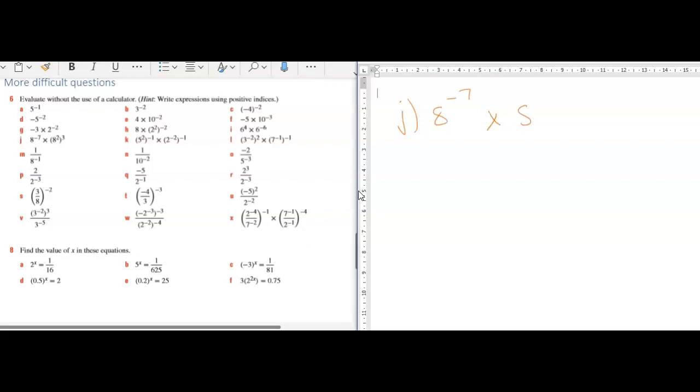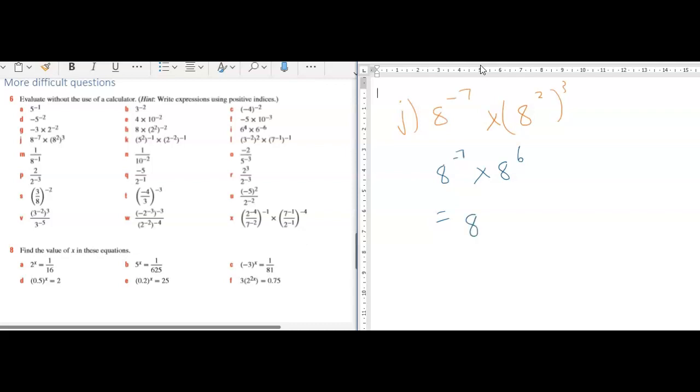So times 2. So we're going to use multiple index laws here. So 8 to the negative 7, whoops, it's a 7. And then when you've got a power to a power, we're going to multiply them. So 2 times 3 gives you 6. Now, you could put the 8 to the power of negative 7 as a positive power now, but I would keep the base.